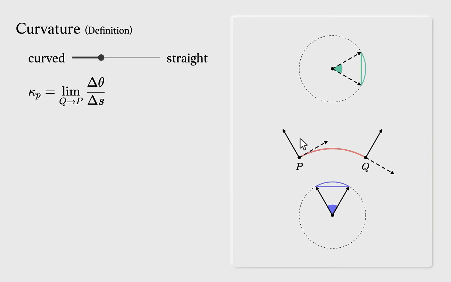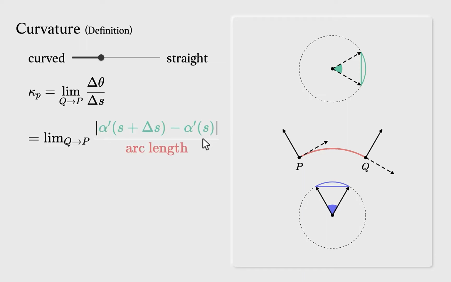Now, what if our curve is parametrized? If our curve alpha t has a special property such that alpha prime t is always a unit length tangent vector, then we can continue our definition to have this equation.